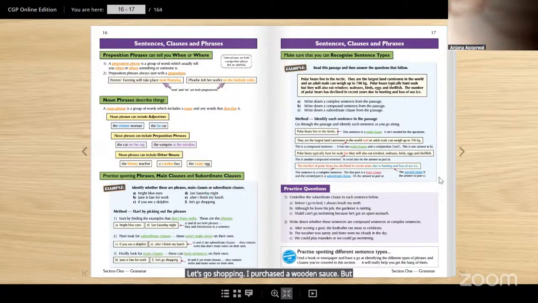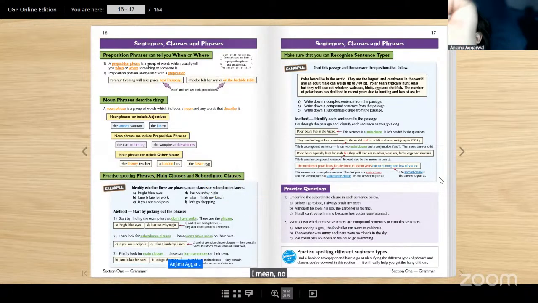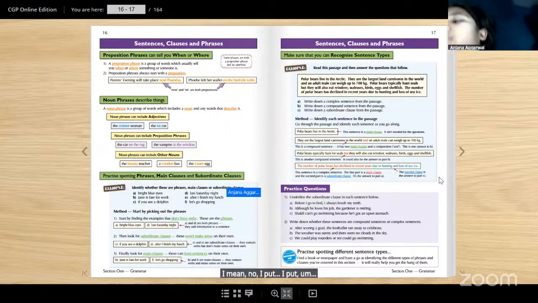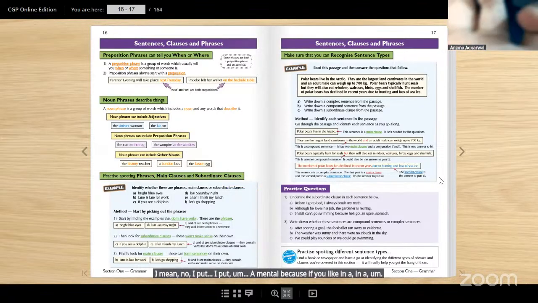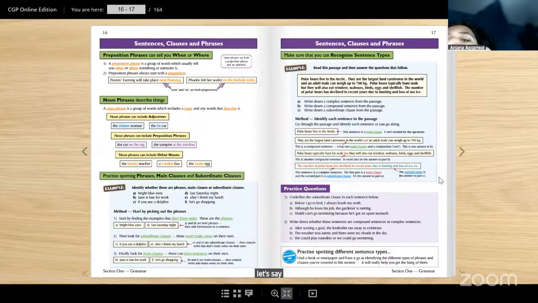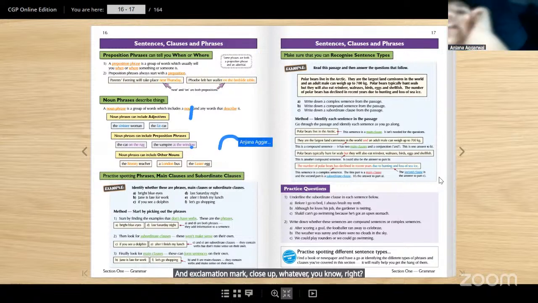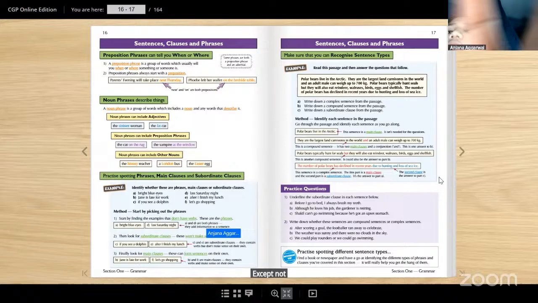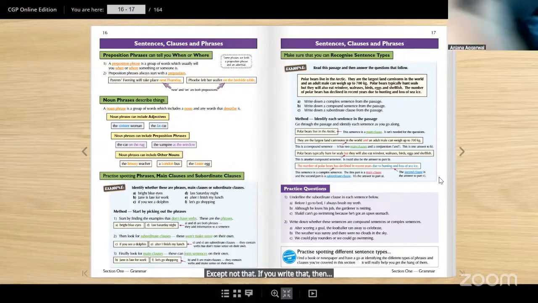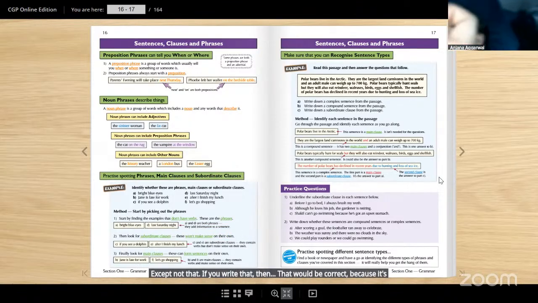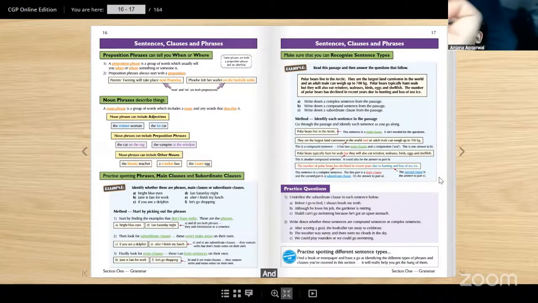I put a main clause because if you write, let's say, a narrative, "Let's go shopping!" with an exclamation mark or full stop, that would be correct because it's just a short sentence, and that will make sense.